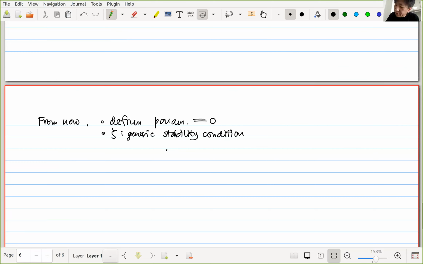I denote the corresponding Bow variety by M zeta. This is smooth. And I also use the zero stability condition, giving M0, which is a categorical quotient.